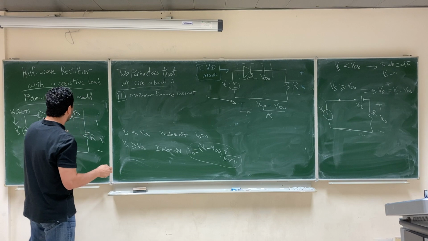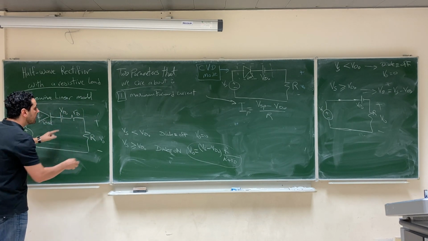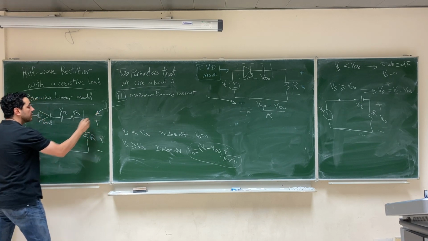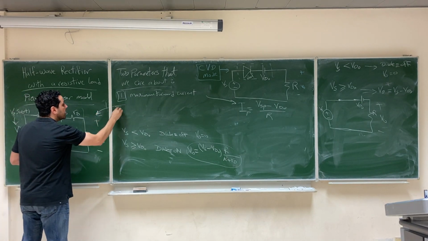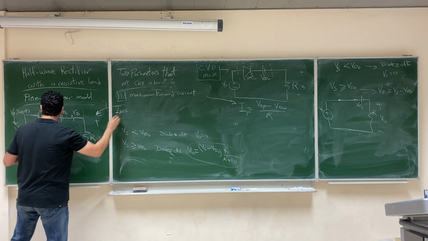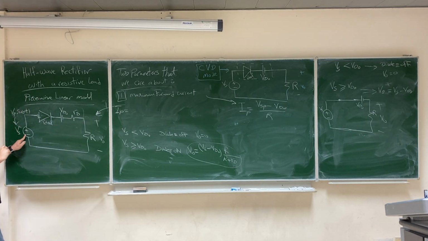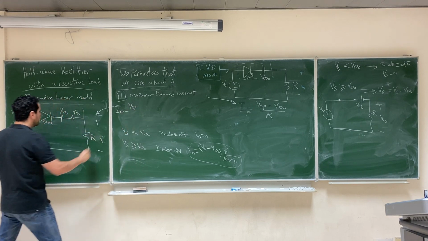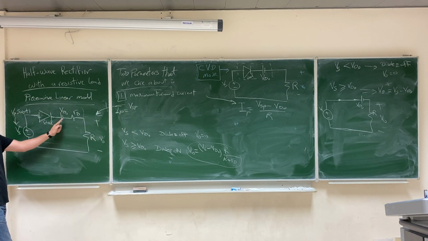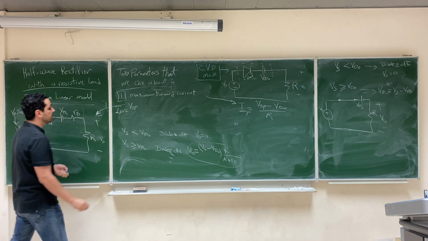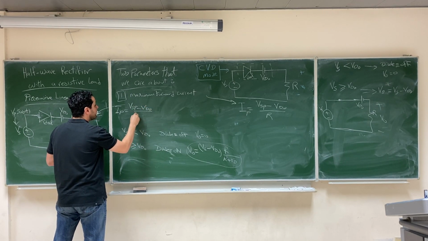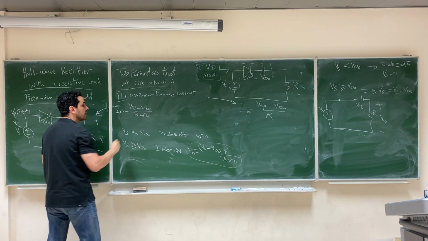This is the maximum current that will pass through this circuit. If we want to calculate the maximum forward current in this circuit, it will happen when again the source reaches its peak. When the source reaches its peak, the value will be Vs peak minus VD0 over the summation of the resistors, R plus RD.